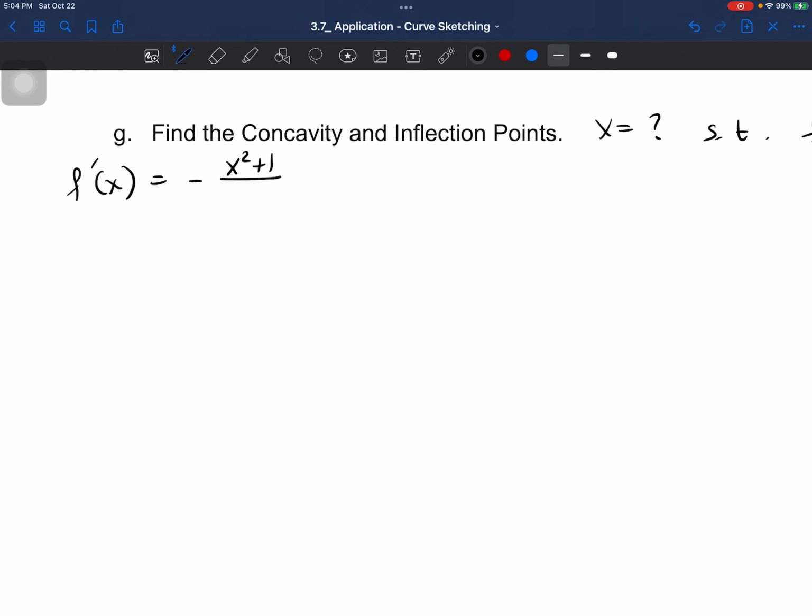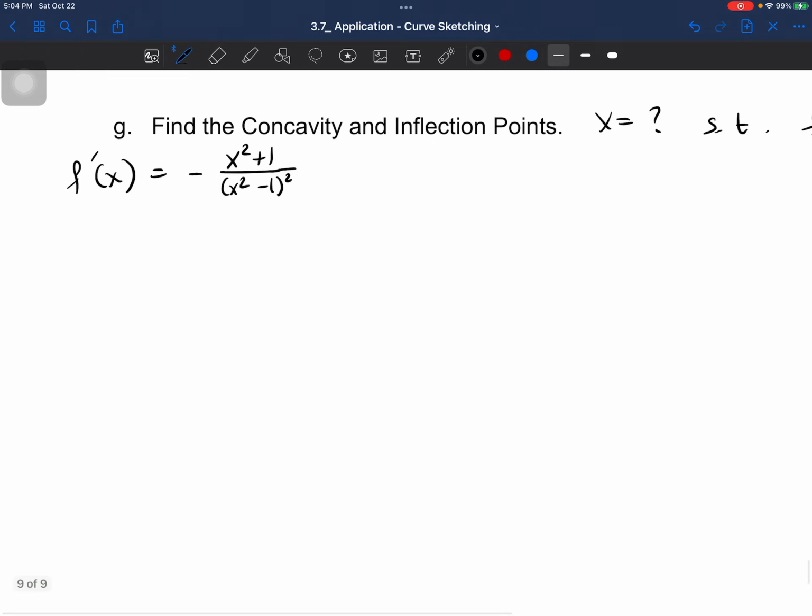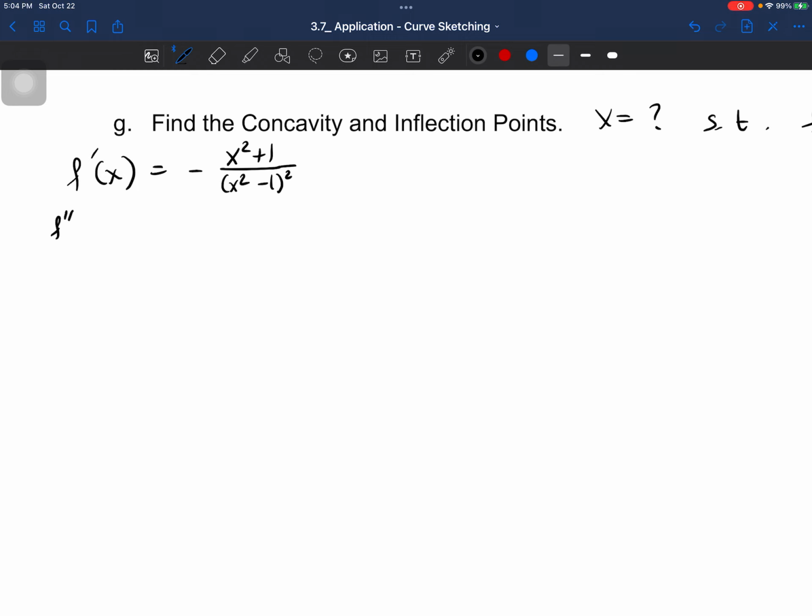Let's rewrite the first derivative function. Okay, so to find the second derivative of this, let's apply which rule? The quotient rule, right? So here we go.